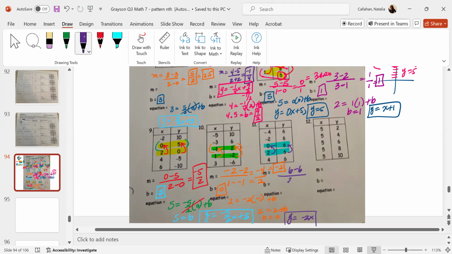The y goes on top. So it's 0 over 2. So your slope is 0. Do you see that? I'm going to go ahead and use the 0 and 6. So my equation is 6 is equal to 0 times 0 plus b. Your b is 6. Your equation is y is equal to 0x, or it's just b equals 6.